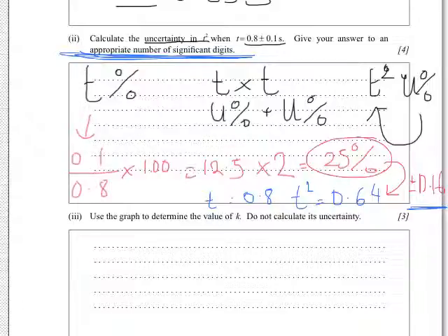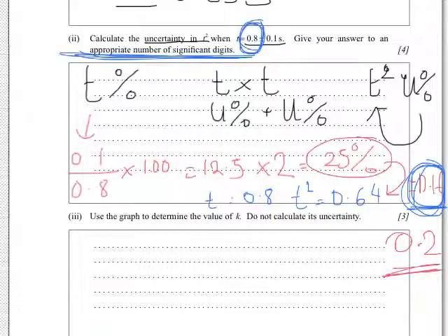Well, let's have a look at the data. 0.8 is one significant figure. So we need to make sure that 0.16 is in one significant figure. So we must bring it back to 0.2. It rounds up. And once again, don't forget the units. 0.2 is the final answer, plus or minus 0.2 seconds squared.